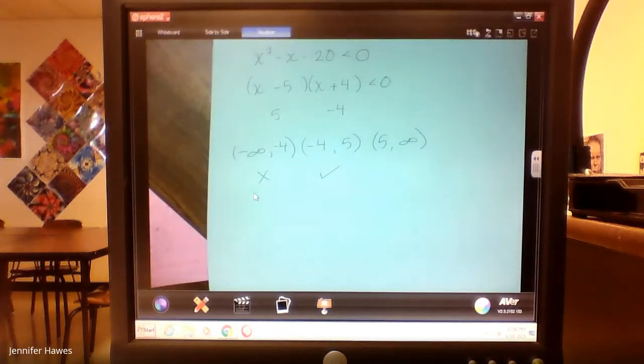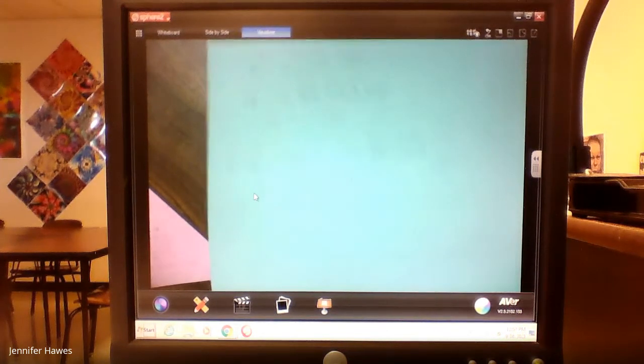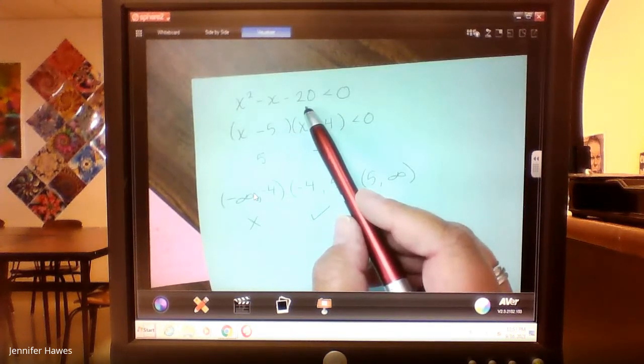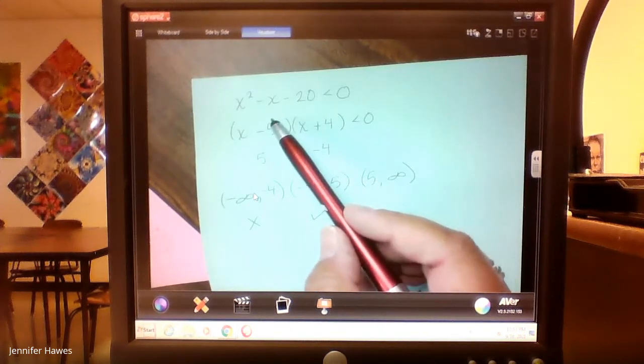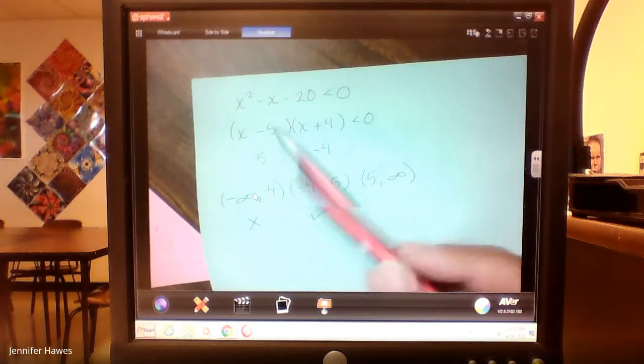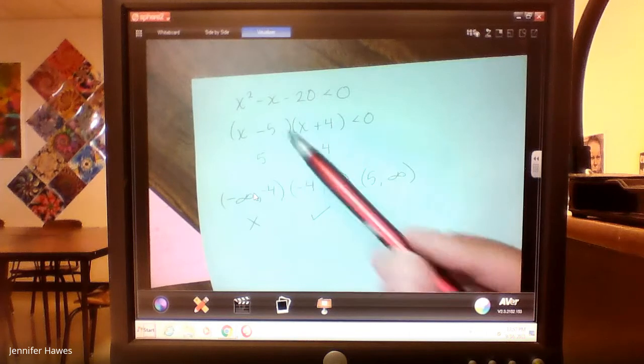Give me a number between 5 and infinity. 6. It doesn't matter, you're just testing something. If you put 6 in there, are you going to get a positive or negative number? I don't need to know exactly what the number is, just whether it's positive or negative.